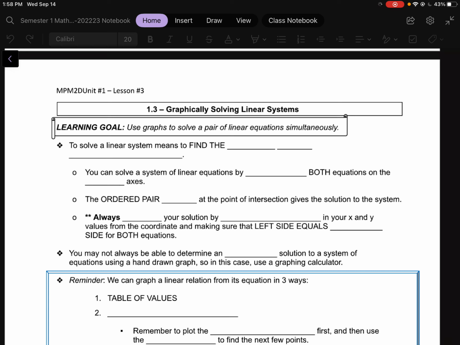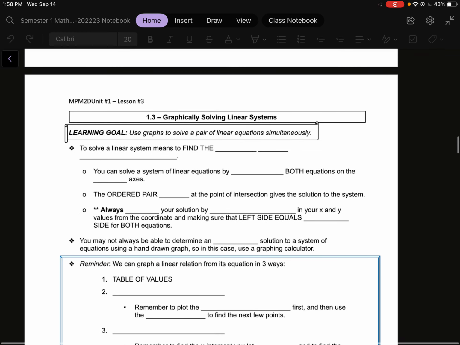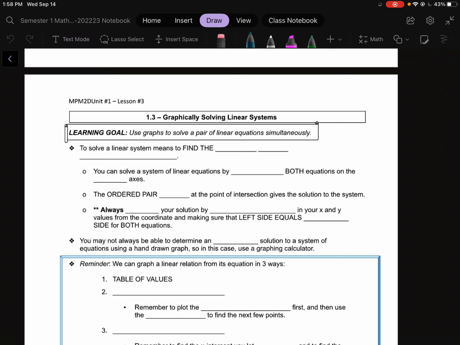When we look at linear systems and we're trying to solve them, that means to find the point of intersection. So when we're looking at a linear system, we're looking at two different line equations.